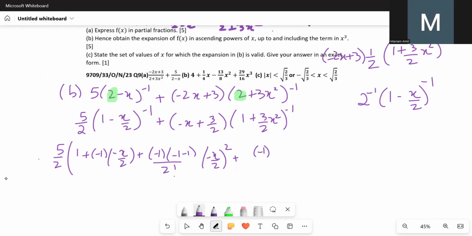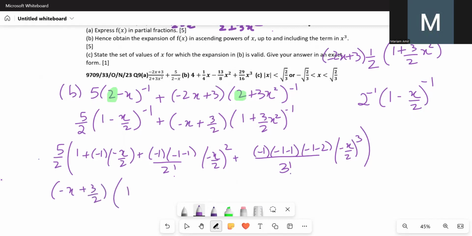So (minus 1)(minus 2)(minus 3) over 3 factorial times (minus x over 2) whole cubed). Okay. And then we'll have minus x plus 3 over 2 times (1 plus (minus 1)(3 over 2 x squared).